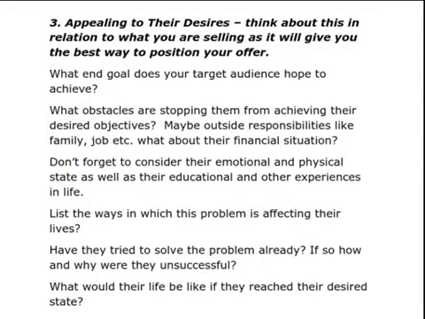What obstacles are stopping them from achieving their desired objectives? Maybe their outside responsibilities like family or job, etc. And what about their financial situation? Maybe that's an issue for them there. And don't forget to consider their emotional and physical state as well as their educational and other experiences in life. Think about those things and try to get to understand what they are all about.